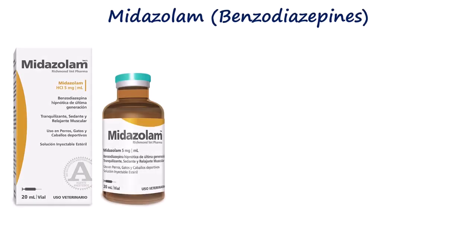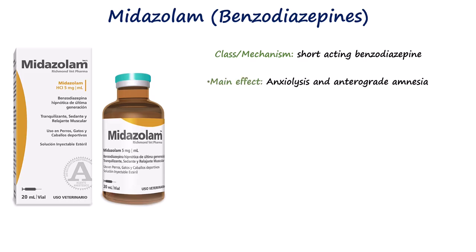As we've already discussed, benzodiazepines like midazolam are primarily used for anxiolysis and amnesia, helping to prevent the patient from remembering the procedure. Midazolam specifically is a short-acting benzodiazepine. In adults, an initial dose of about half to 2 mg intravenously, given slowly and titrated to effect.